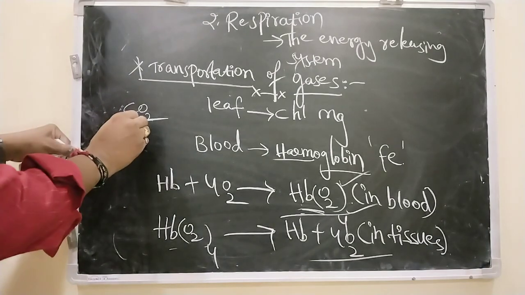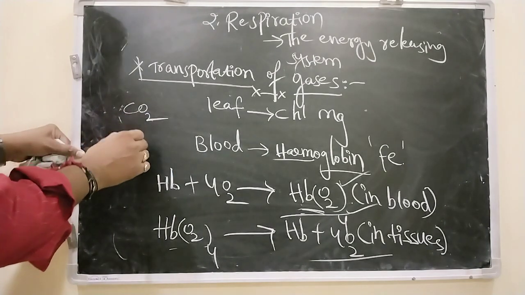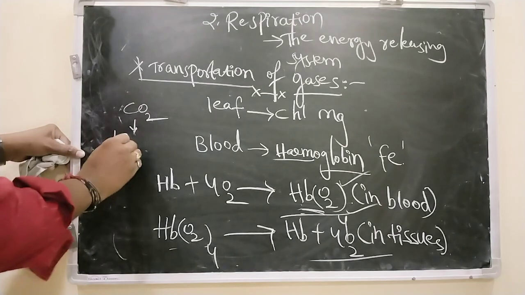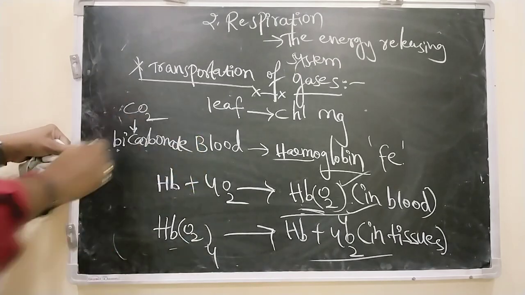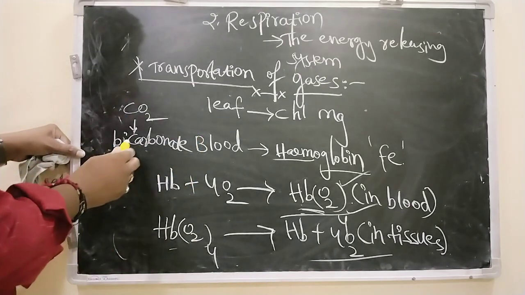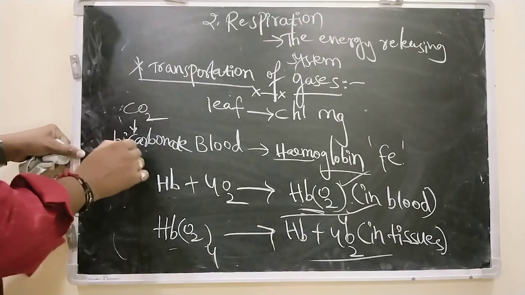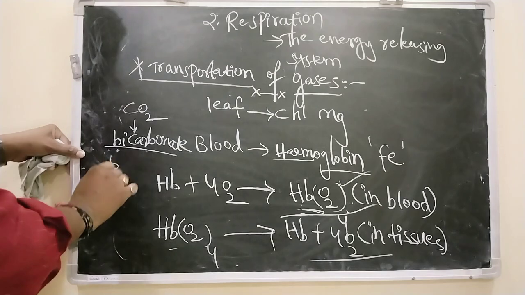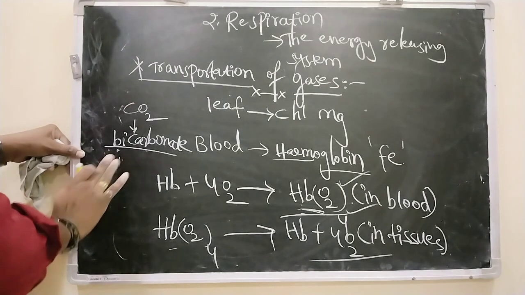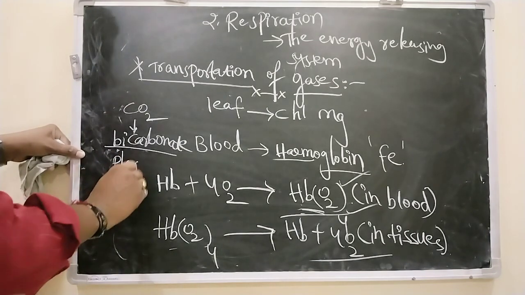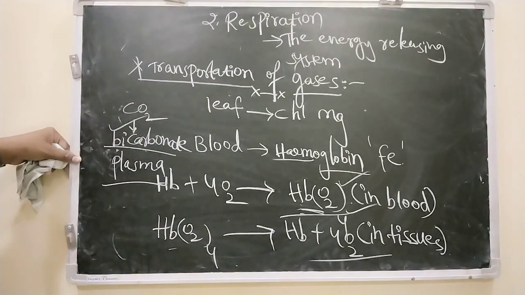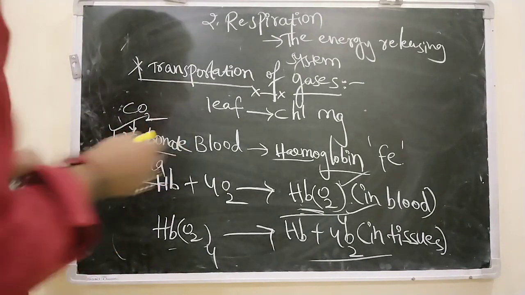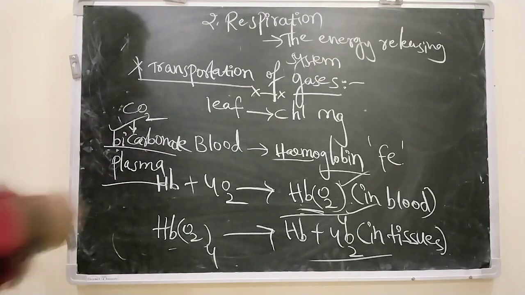Right, carbon dioxide is also present in blood, no? So it changes as bicarbonate. Some amount is in the form of bicarbonate, and the rest of the carbon dioxide is present dissolved in plasma. Okay, so this is about the transportation of gases.